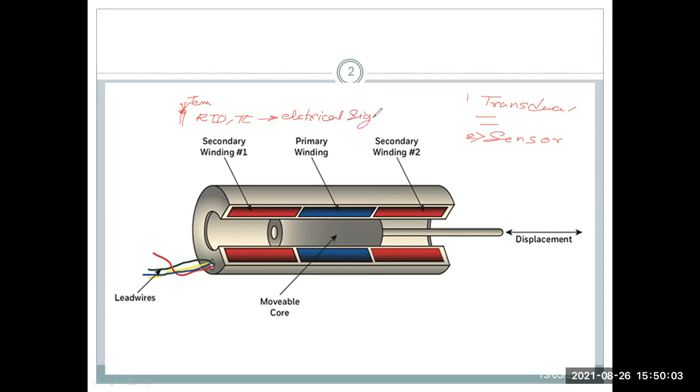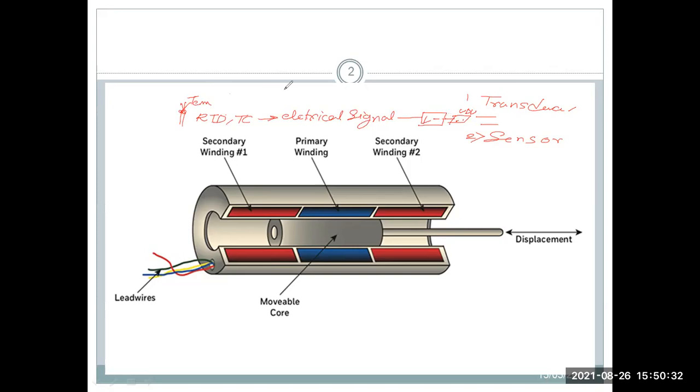Then this electrical signal will be measured by some device. It may be an op amp. Then we can see it on our digital display board or visual display unit, VDU. In this way we can measure some physical phenomenon which happens in our environment and which is required.